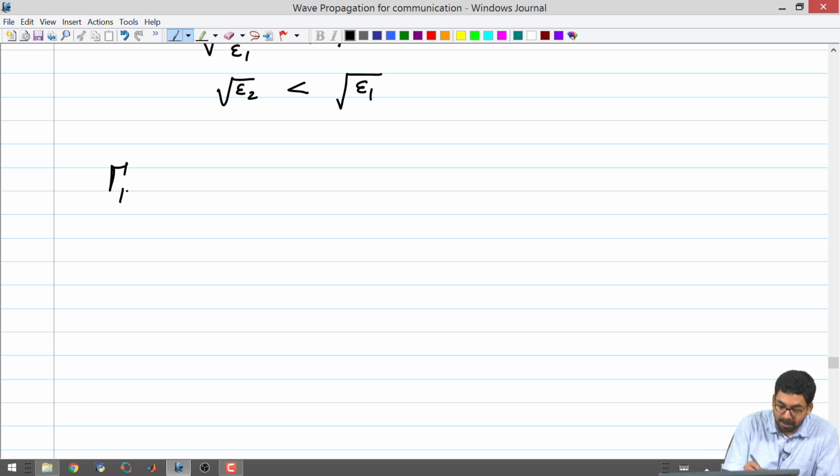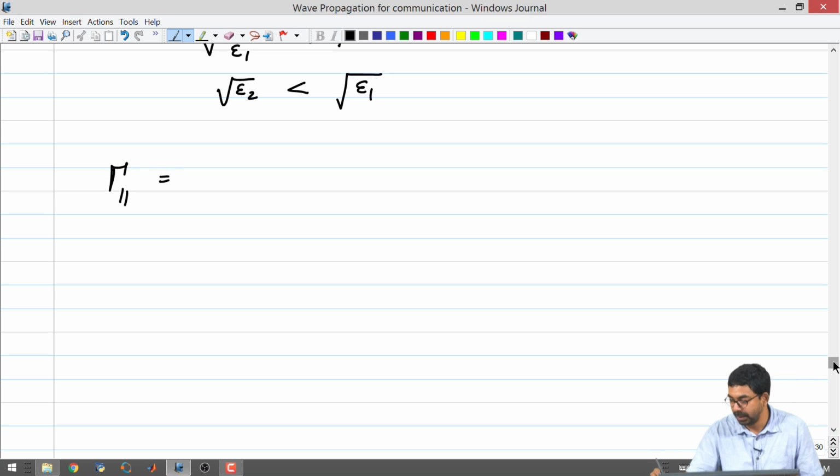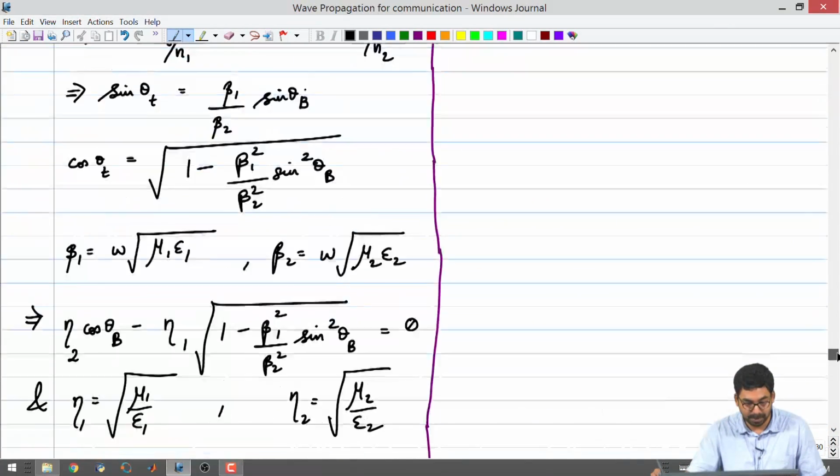So, I had gamma parallel, okay, I just go and copy and paste this expression.